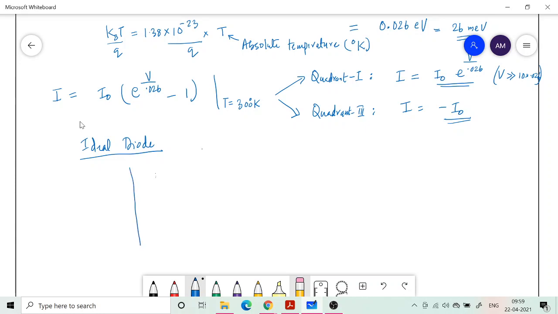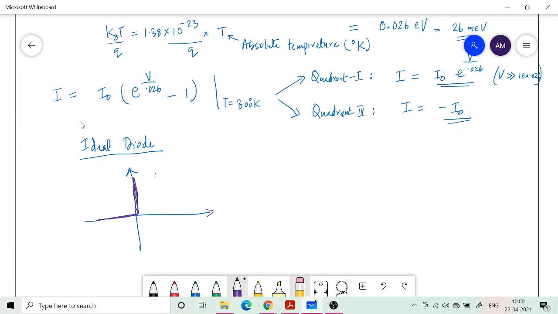It's an idealization. So what is an ideal diode? An ideal diode is defined in terms of its characteristics. It has a characteristic something like this, with I and V axes. What does this mean? If you try to apply a forward bias, there will be no voltage drop across the diode, but the current can be varied.